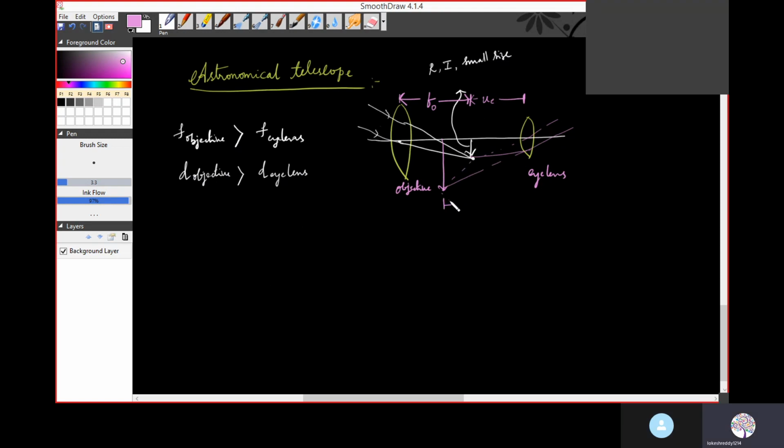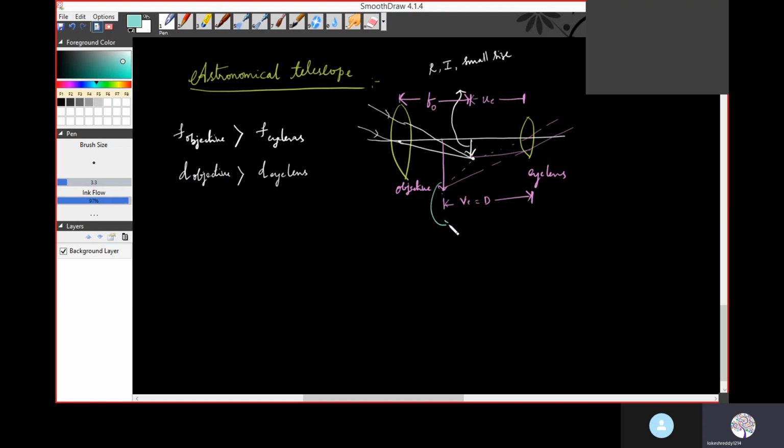This VE is nothing but D; the image distance is at D. This is the final image.